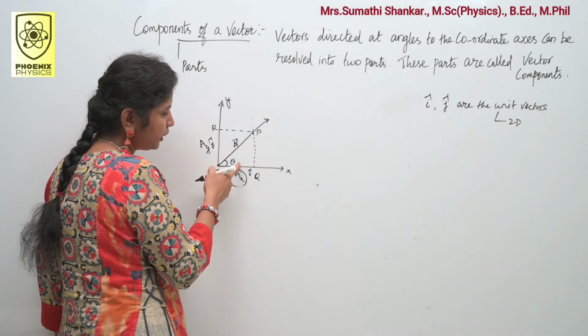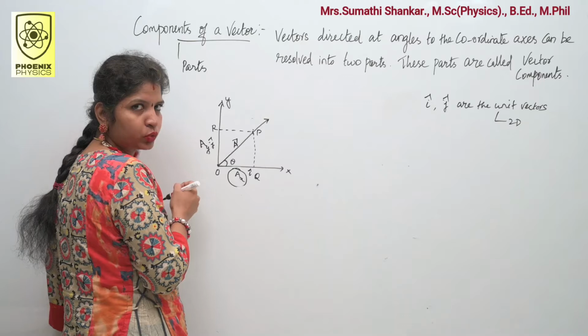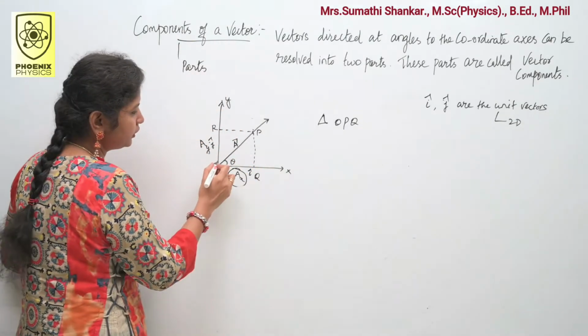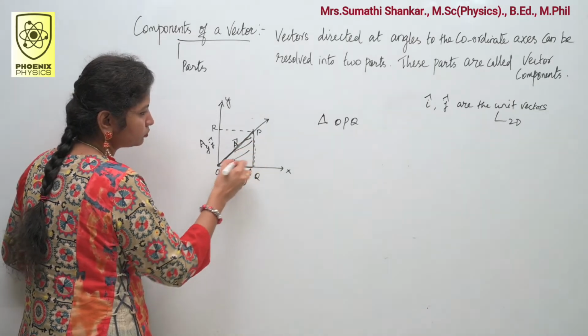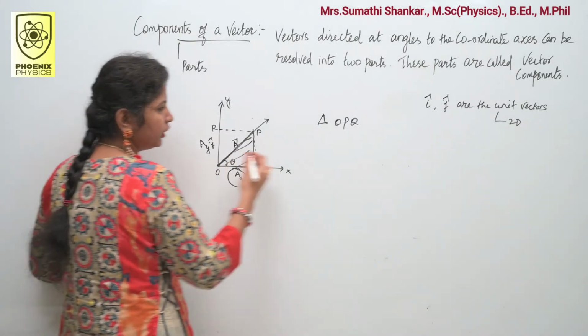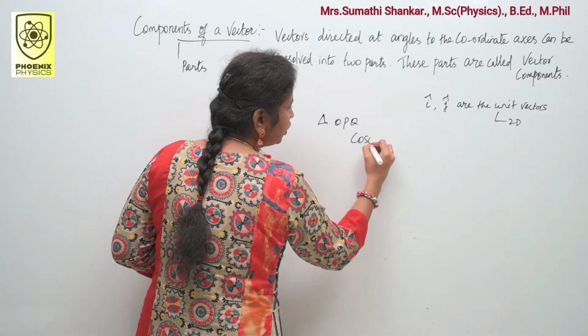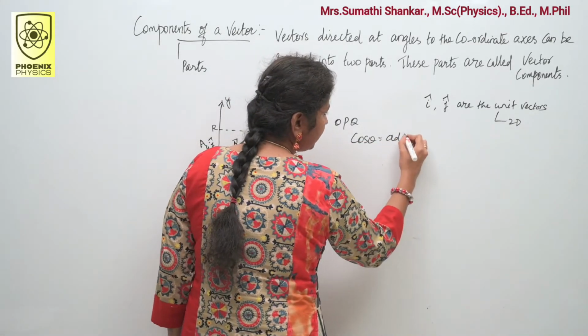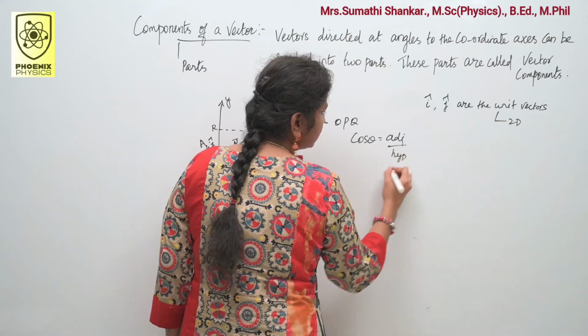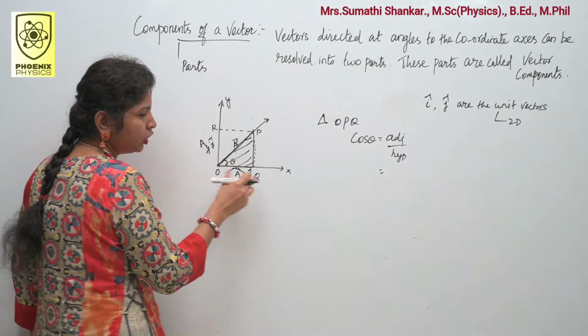Next I am going to find the AX value. This A vector makes an angle theta with the x axis. Consider the triangle OPQ. In this triangle, find cos theta. What is the cos theta formula? Adjacent side by hypotenuse. What is my adjacent side?